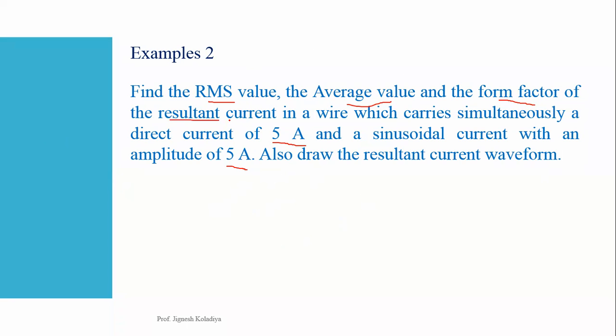because one wire is carrying both currents, 5 ampere DC plus 5 ampere AC. So how can we write the resultant equation? Can I write like this? 5 DC plus AC, how can we represent it?